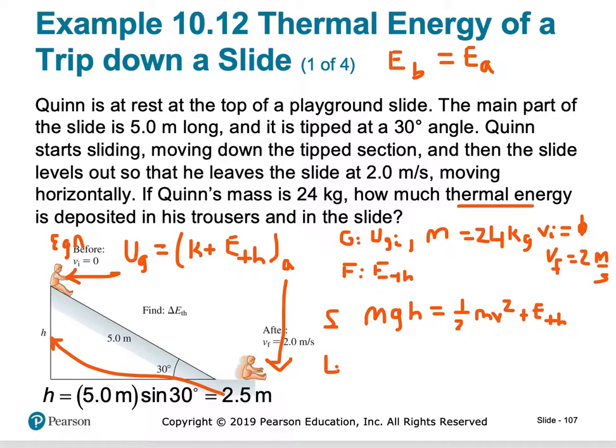E thermal is equal to mgh. The mass is 24 kilograms, times gravity, which I'll just put here as g, times the height, which is 2.5 meters.